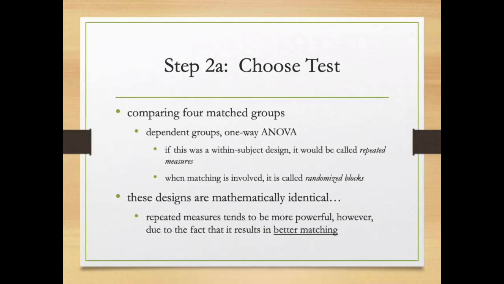Note, of course, that a randomized blocks ANOVA and a repeated measures ANOVA are mathematically identical. They differ only in the underlying methodology that you followed in collecting the data. But as was the case with the dependent groups t-test, repeated measures analyses tend to be more powerful due to the fact that they result in better matching between groups.